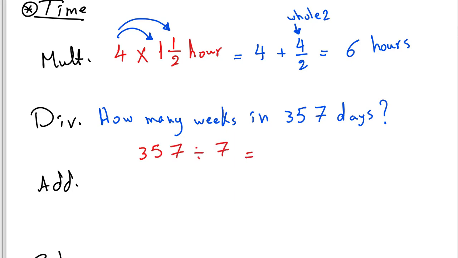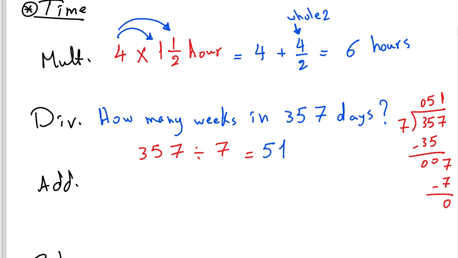We can use long division, of course. 3 divided by 7 can't be, so 0, and 35 divided by 7 equals 5. 5 times 7 is 35, subtract, 0. Drop the next digit, 7. 7 divided by 7 equals 1. 1 times 7 is 7, subtract, it's 0, the remainder. And the quotient is 51. So the answer is 51 weeks.